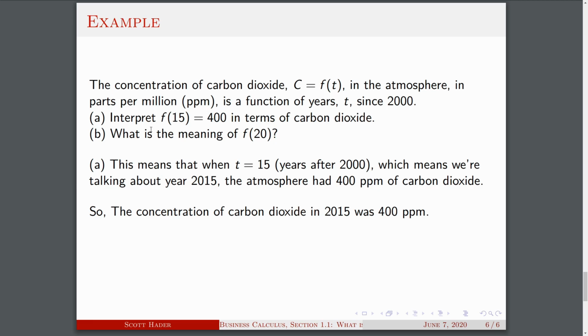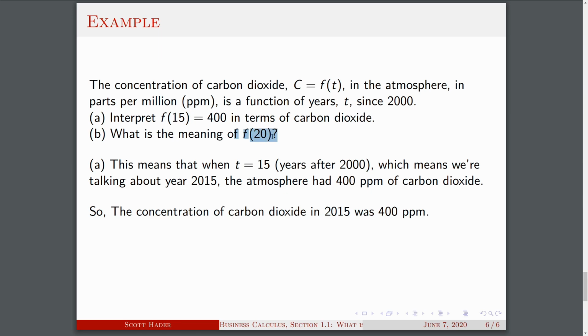All right. How about B? It says, what is the meaning of f of 20? So f of 20, is that an x value or a y value? It's the y value when the x value, or t value, is 20.